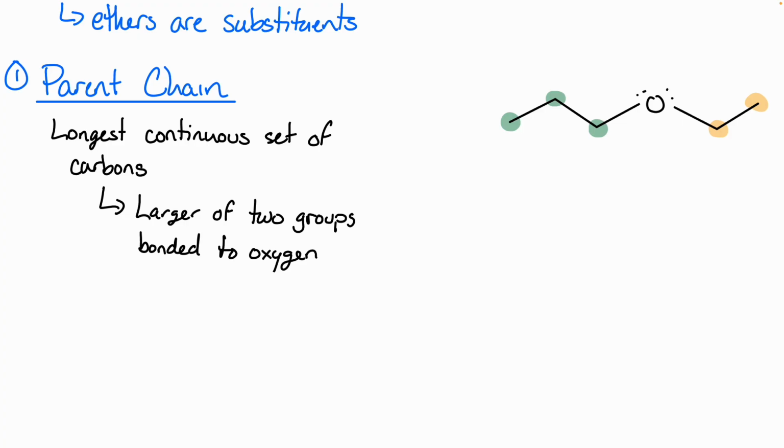Those 3 carbons is going to be my parent chain. Again, we're not doing anything to the back half of our name, so my parent chain here would simply be propane. All right, that means that this other chunk, my 2 carbons and my oxygen are going to be that ether substituent. All right, so step 2, we're going to find and name our substituents.